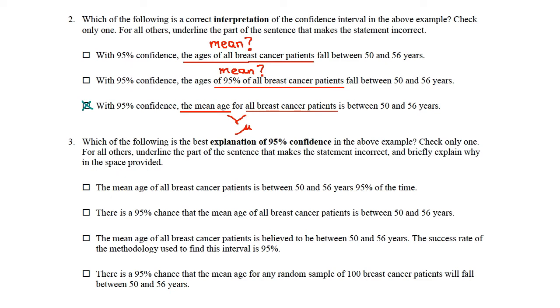Now, the explanation of 95% confidence, this is going back to the idea of what that confidence level means, interpreted as a success rate. Remembering our example with the comic, we said we would find that confidence level by calculating the success rate over many different estimates.